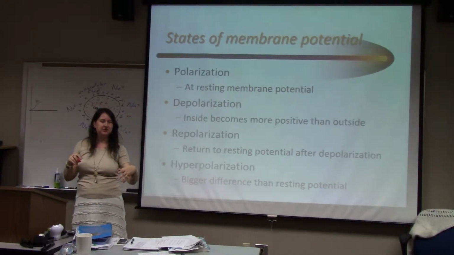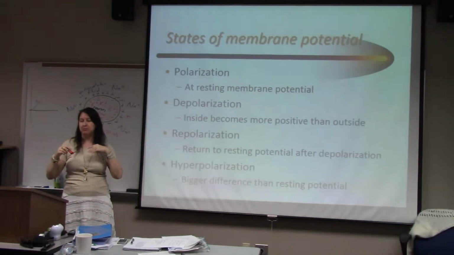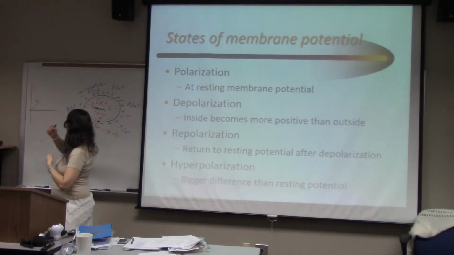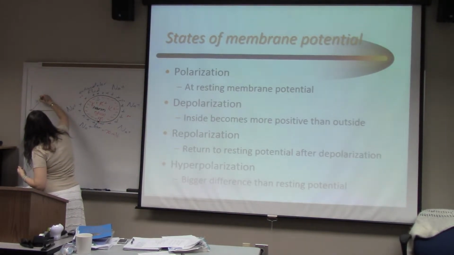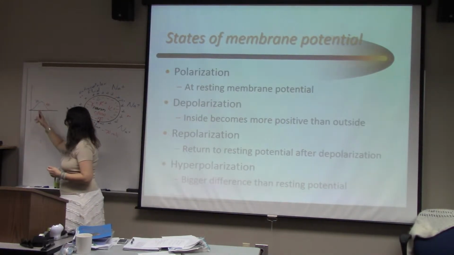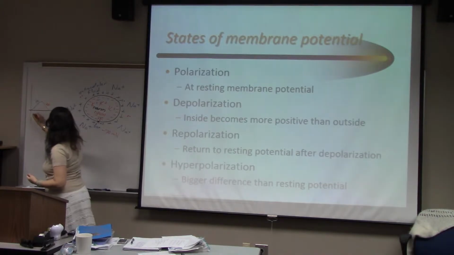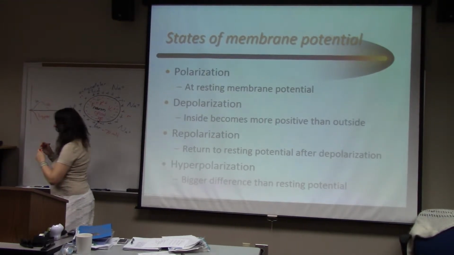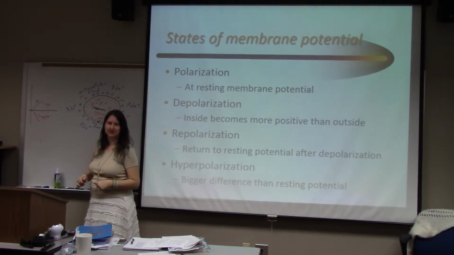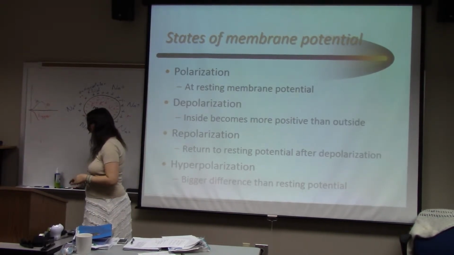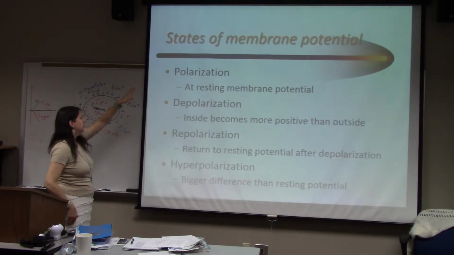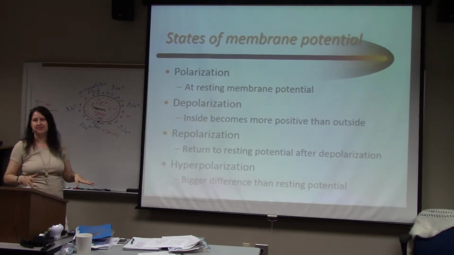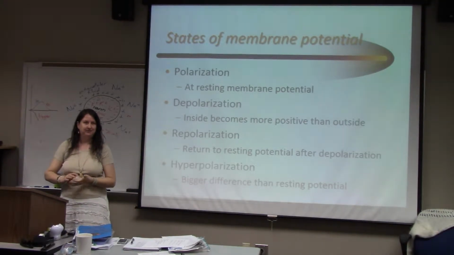Repolarization and hyperpolarization both make the cell more negative, but repolarization brings it back to resting when it has already depolarized. Hyperpolarization makes it even more negative than resting. We're going to see each of these happening in a certain sequence in the action potential.